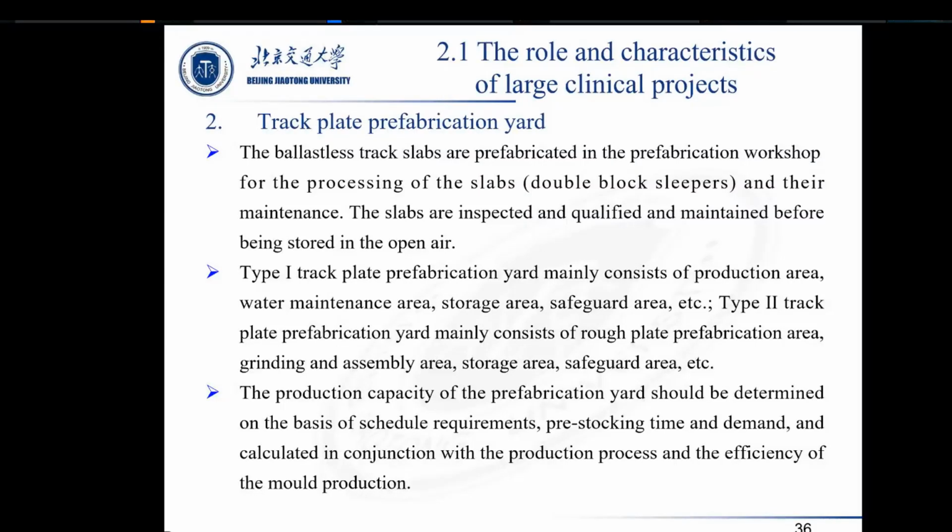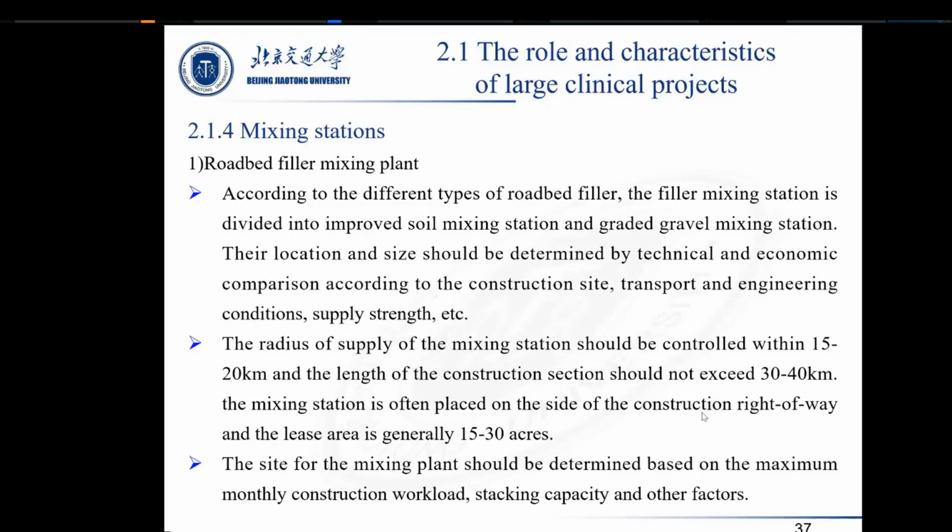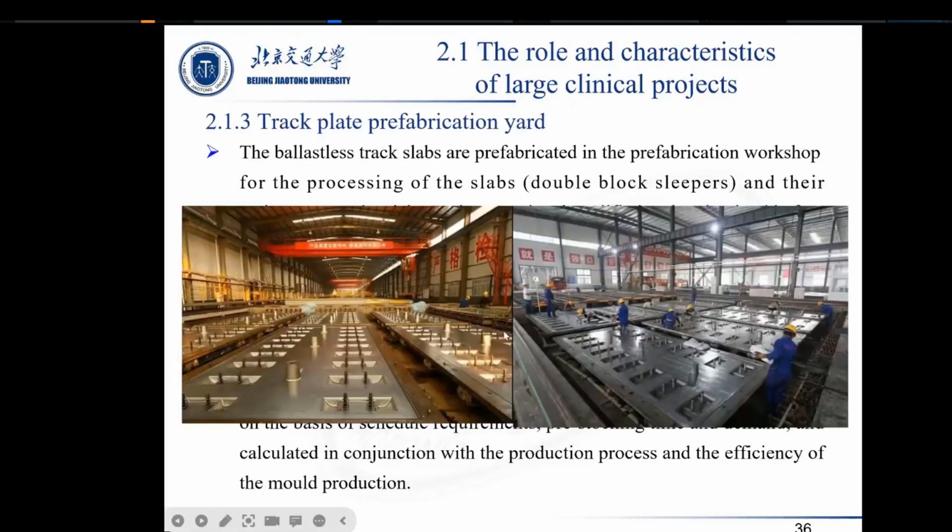When the finished products of the precast yard are transported by railway, a turnout line should be set up to connect with the existing line. This is the track plate prefabrication yard.